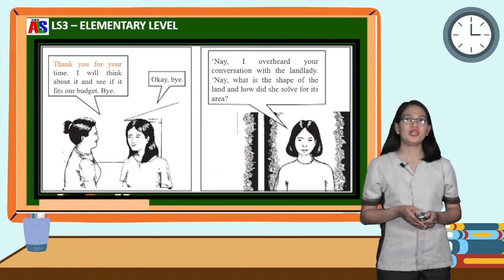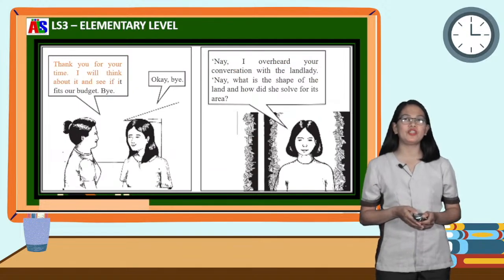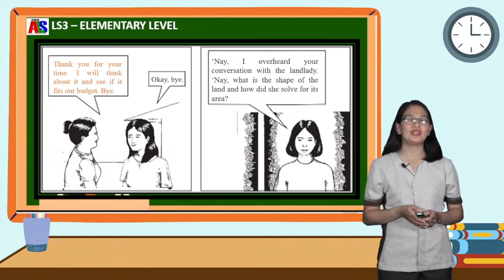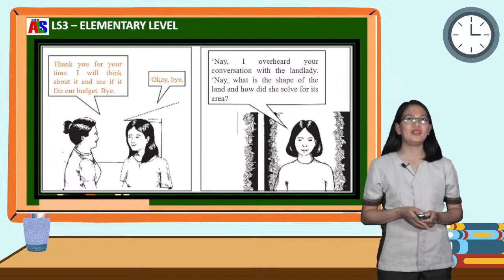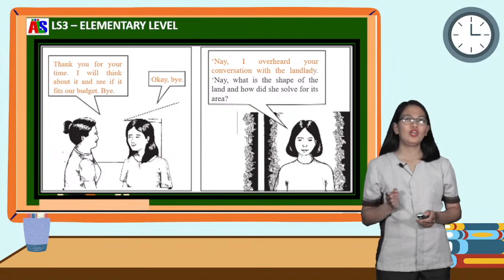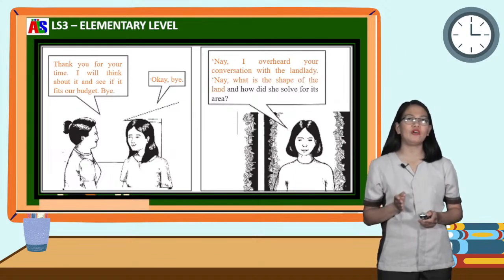Thank you for your time. I will think about it and see if it fits our budget. Bye. Okay, bye, said the landlady. And here comes Glo. Nai, I overheard your conversation with the landlady. Nai, what is the shape of the land and how did she solve for its area?